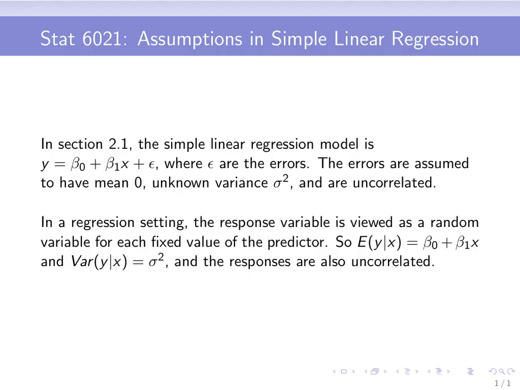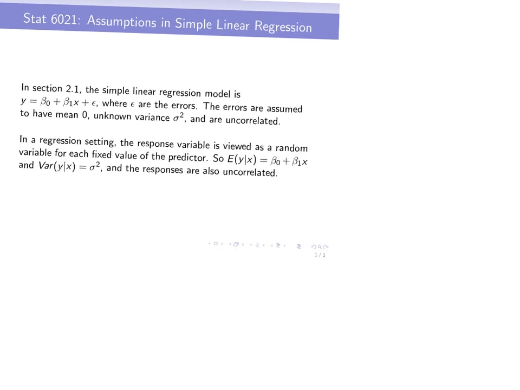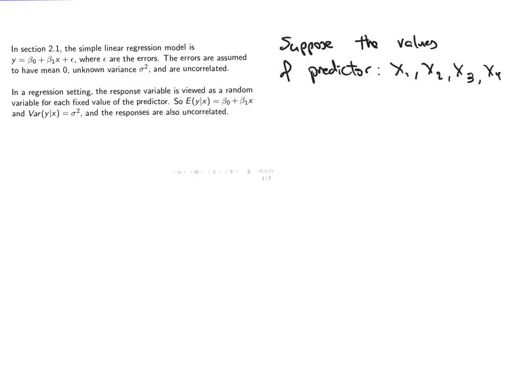So, these are a lot of words, but I'm going to draw a few pictures just to illustrate what these points mean. Let's take a simple example. Suppose in our data set, we only have 4 values of our predictor: x1, x2, x3, x4. This will just be a simple example.